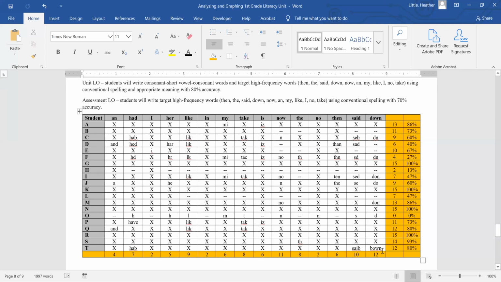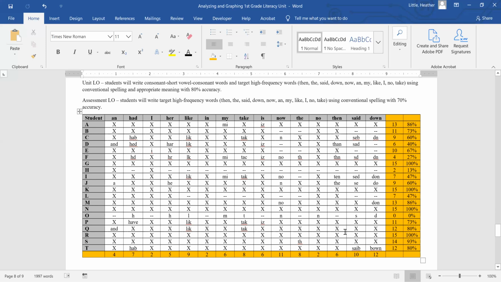And then last but not least, we have somebody who wrote BOWN. This person clearly understands how to spell the word. I'm guessing, especially if I look over and see that said is also SAIB and had is HAB, that we're dealing with some B and D inversions here with this student.